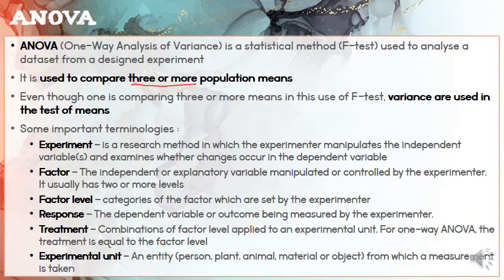Treatment is the combination of factor level applied to an experimental unit. But for one-way ANOVA, treatment should always equal to the factor level. Experimental unit is the entity, whether person, plant, animal or any object from which a measurement is taken.